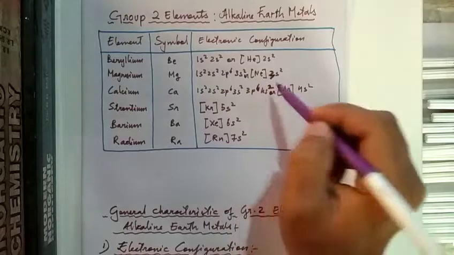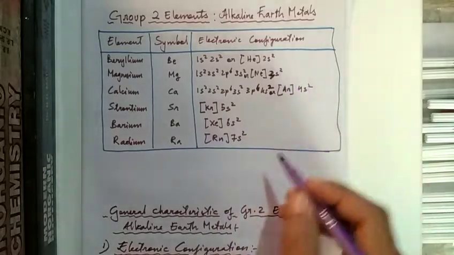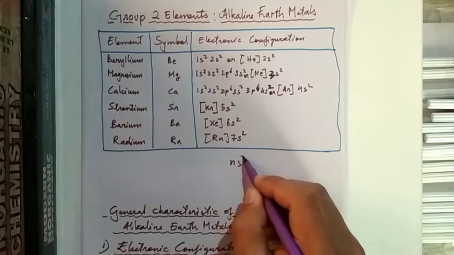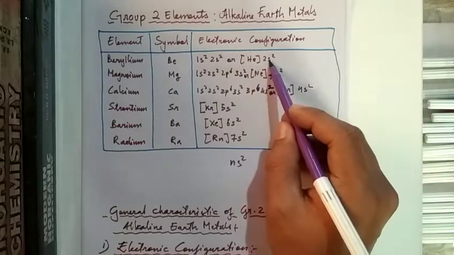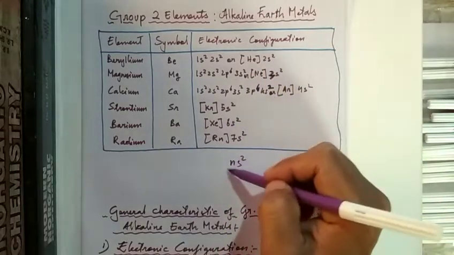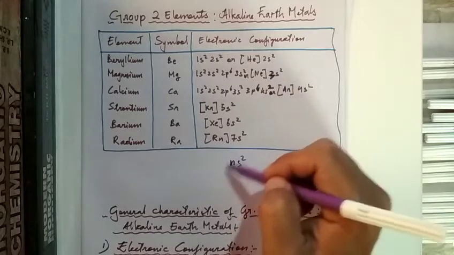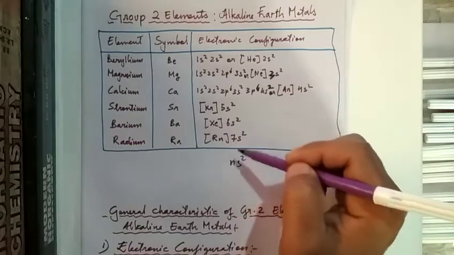Their electronic configuration, we have already discussed, even the general electronic configuration. It ends with ns2, where the number of the shell can be any number: 2, 3, 4, 5, 6, 7.